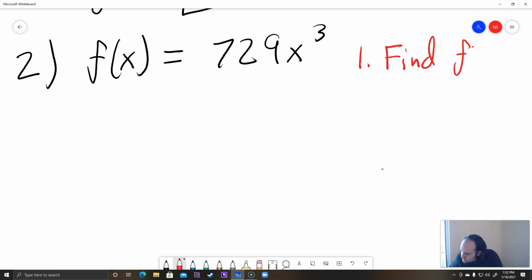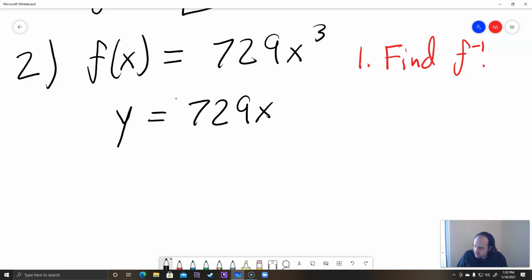Remember, to find f inverse, your first step is to replace f of x with y. So we get y equals 729 x cubed.